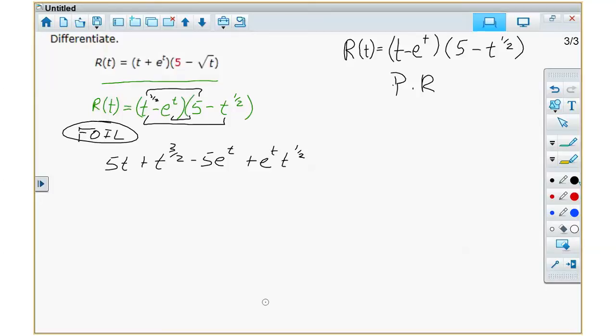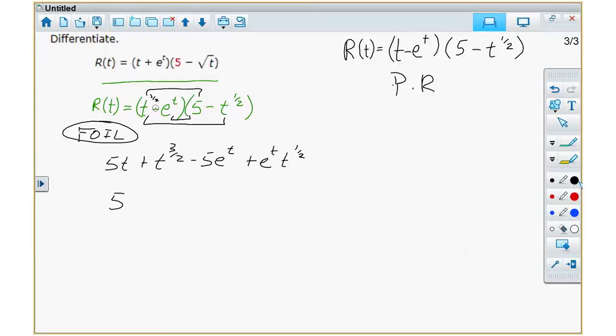Now, what's the derivative of 5t? I'll do that one for you. That has to be plus e to the t, right? Negative times negative. Negative e to the t times 5 is negative. The original problem is plus e to the t.